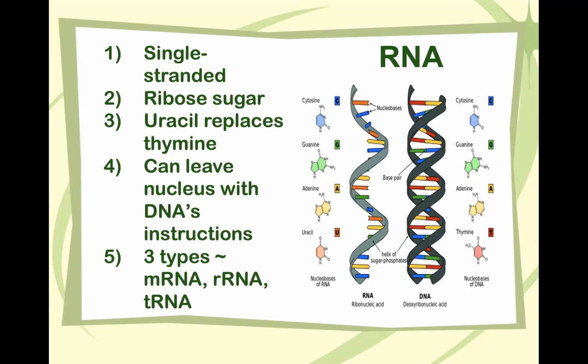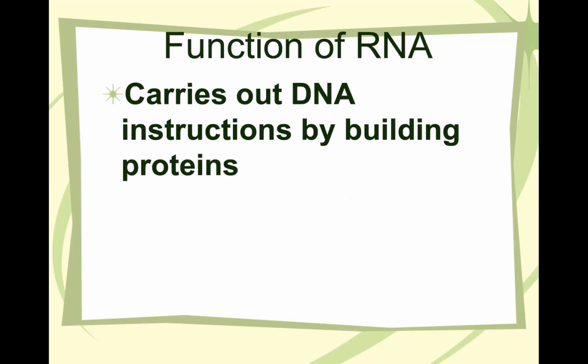The ribosomal RNA is going to be the major subunits of those ribosomes that are going to be responsible for translation, right? And then those transfer RNAs, tRNAs, are going to function by bringing in the amino acids that correspond to those codons that we're reading from our messenger RNA, okay?